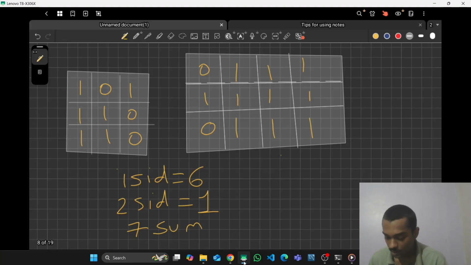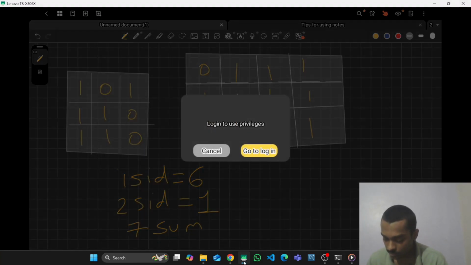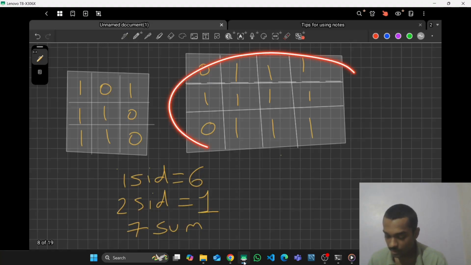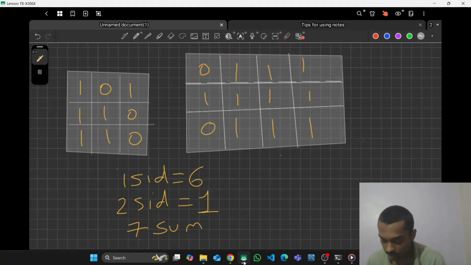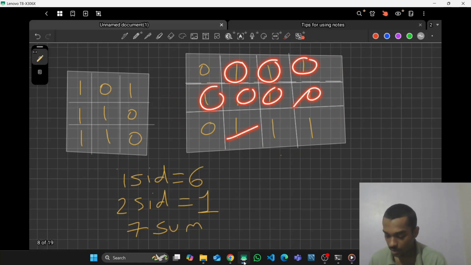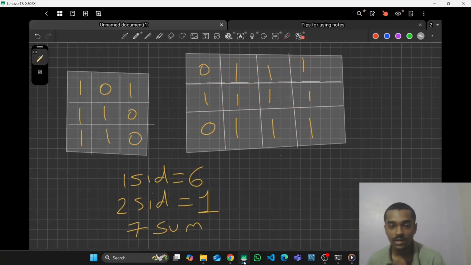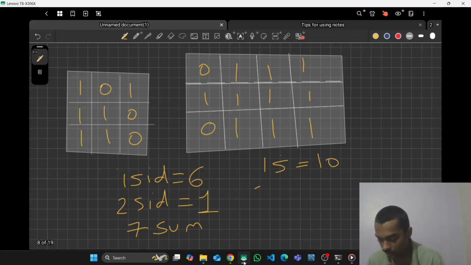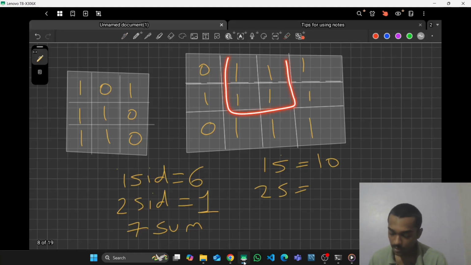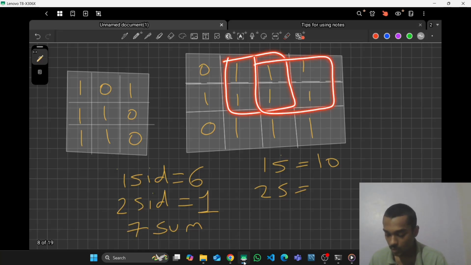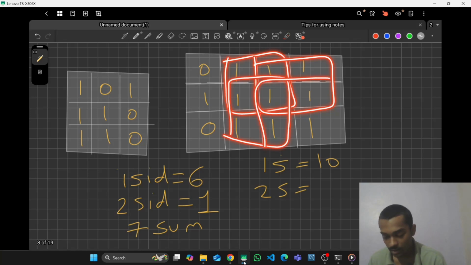For this example, we have side one: 1 2 3 4 5 6 7 8 9 10. There are 10 submatrices of side 1. For side two, let's see how many there are. This is 1, this is 2, all filled with ones, this is 3 and this is 4.